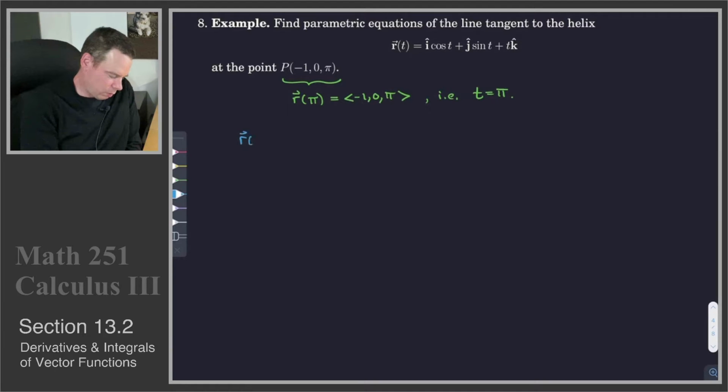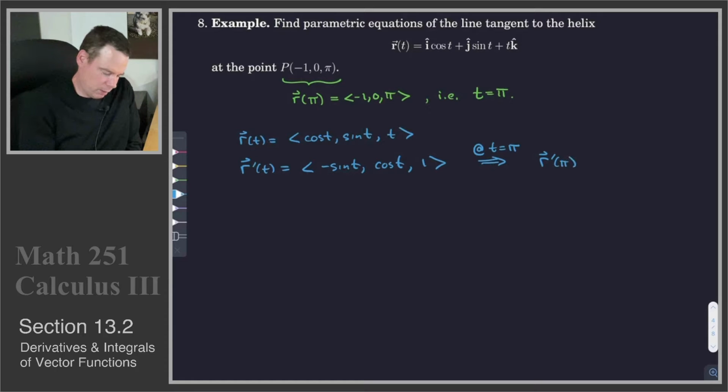So we'll start with r of t is equal to cos of t, sine of t, and t. R prime of t is negative sine of t, cos of t, and 1. And therefore at t equals pi, we get that r prime of pi is equal to negative sine of pi, that's 0.